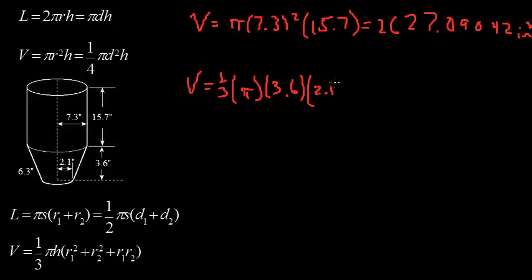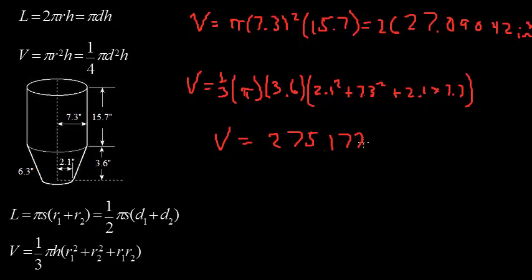So we have 2.1 squared plus 7.3 squared plus 2.1 times 7.3. Multiplying that all together, we find the volume is 275.17704, and our volume is still in inches cubed for our units.